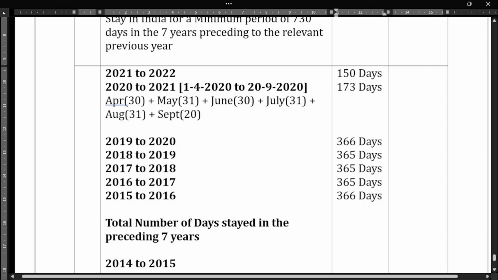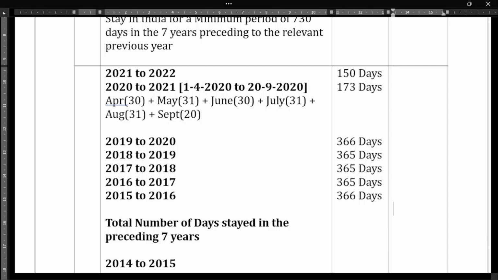So now total number of days stayed in India for the preceding 7 years. You have to do the total of all this.